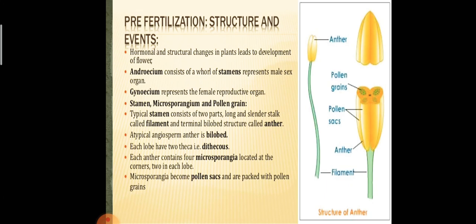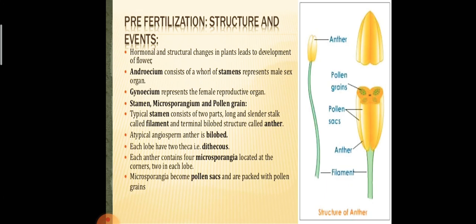The part which connects anther and filament is known as connective. So a typical stamen consists of all these three parts. Here you can observe the external structure of a stamen, and when that stamen undergoes a transverse section, you can observe the changes which take place inside it.